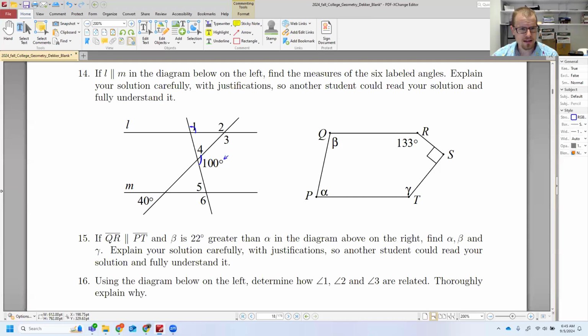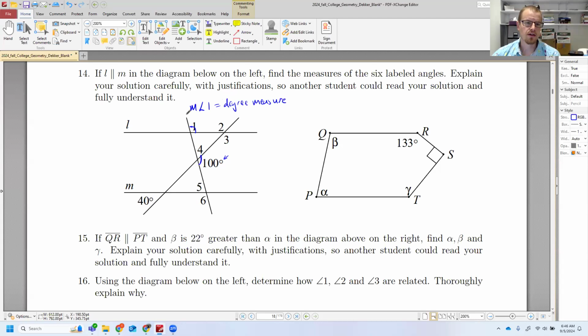And we could say that the measure of angle 1 is equal to some measurement, some degree measure, or some radian measure, of course. So the measure of angle 1 has a degree measure. The 1 is just a name, a way to reference that particular angle.